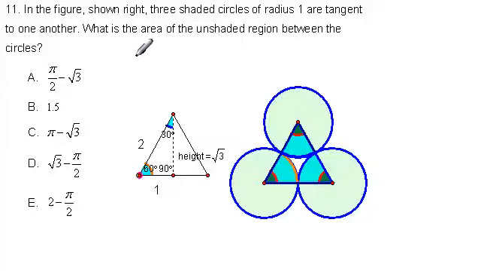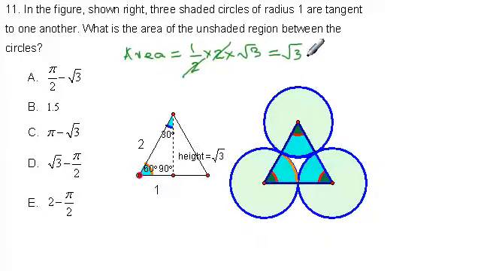So now it becomes easy for me to find the area of this triangle. The area of this equilateral triangle is going to be equal to half times the base, which is 2 because each side is 2, times the height, which we found is square root 3, and 2 divided by 2 gives me 1.